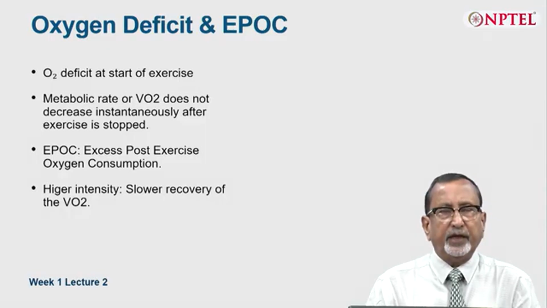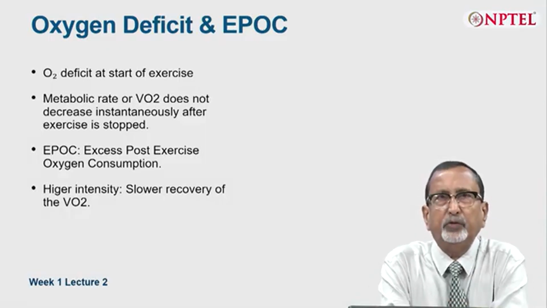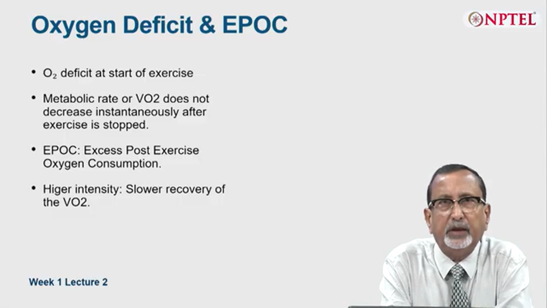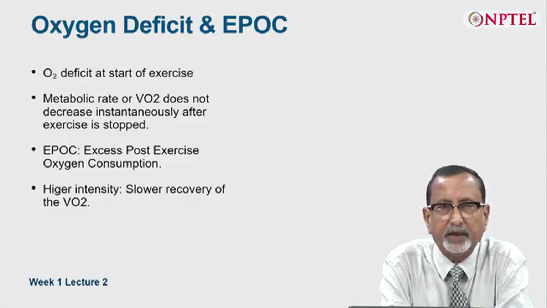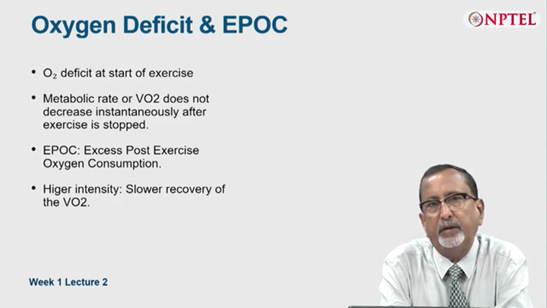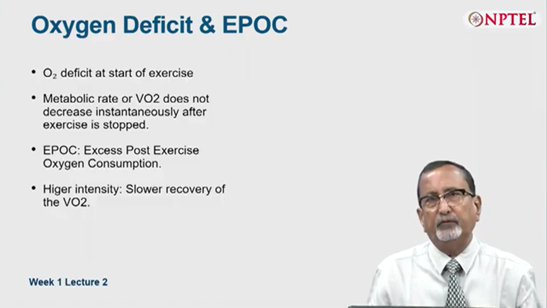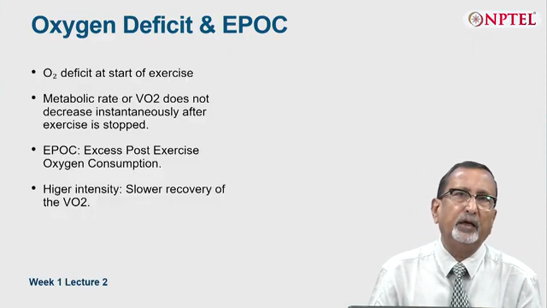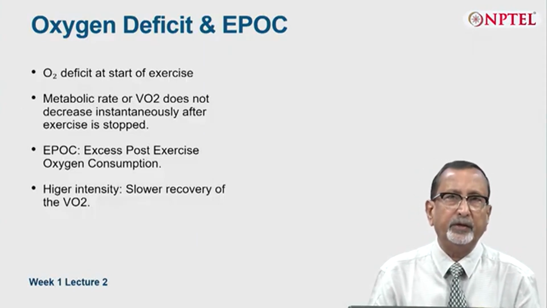When we start exercise, our VO2 would be around 3 to 4 ml per kg body weight, and it goes up to 4 to 6 liters per minute.